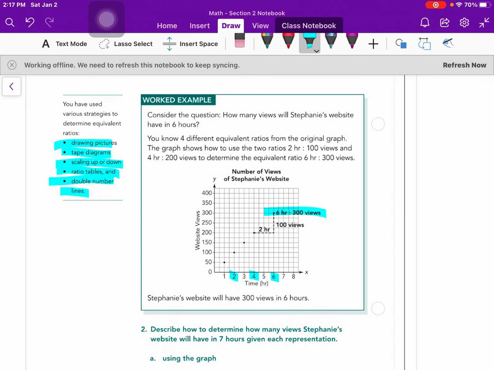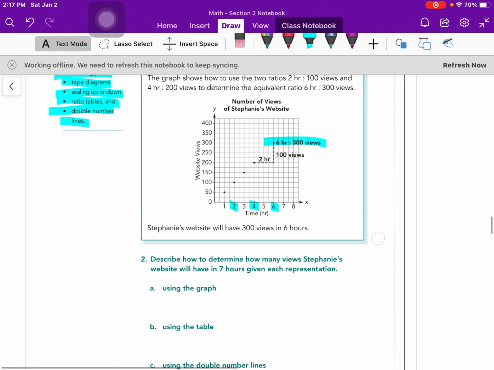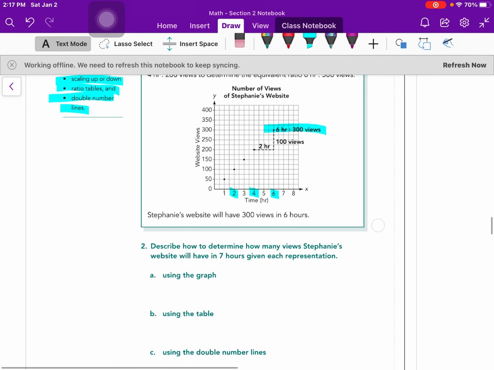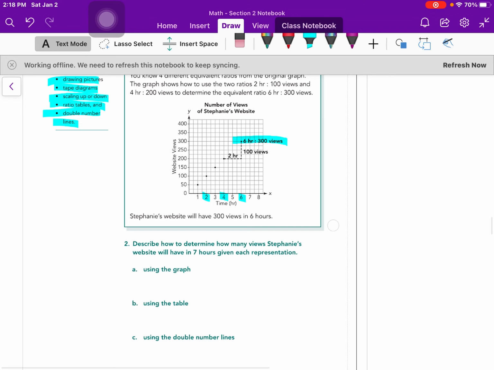Describe how to determine how many views Stephanie's website will have in 7 hours given each representation. So how many views will she have in 7 hours? All right, so how do we do that using the graph?